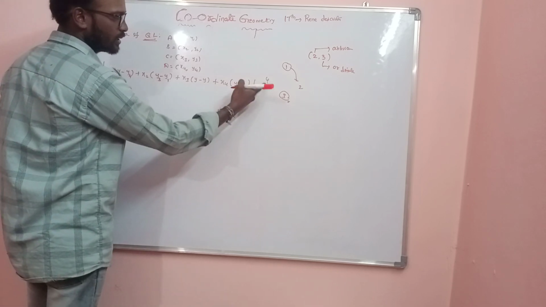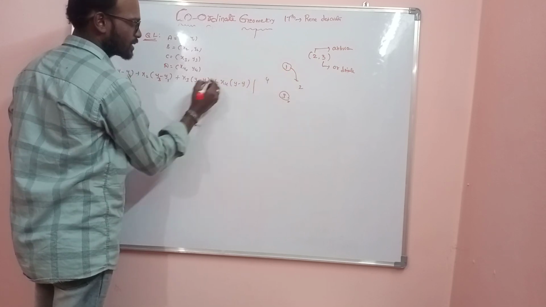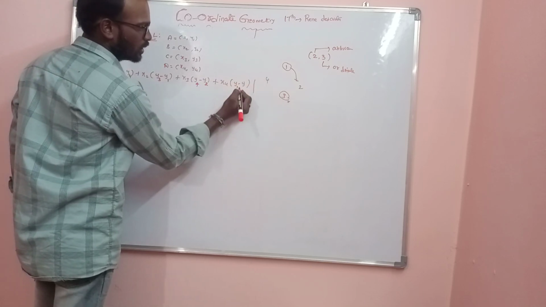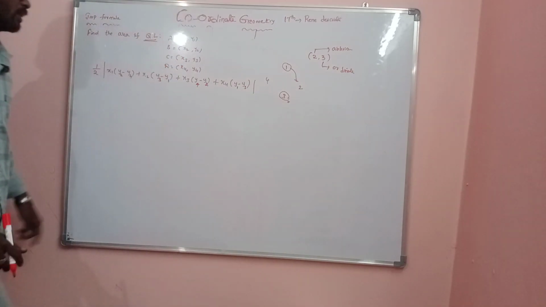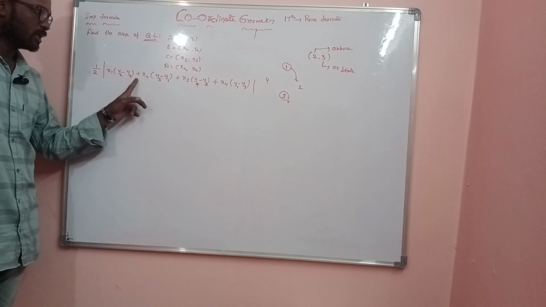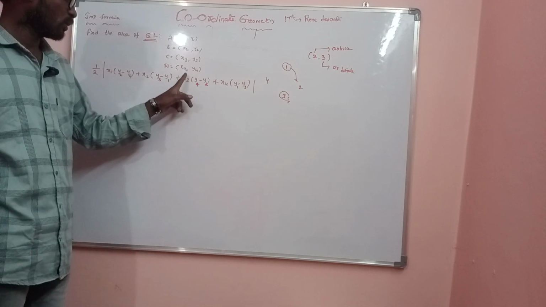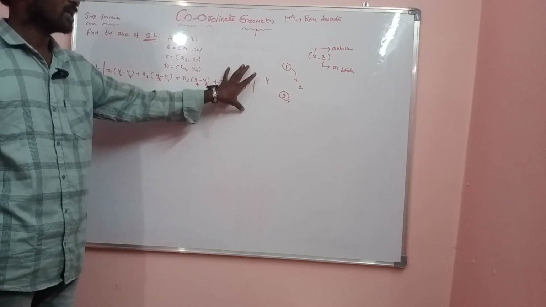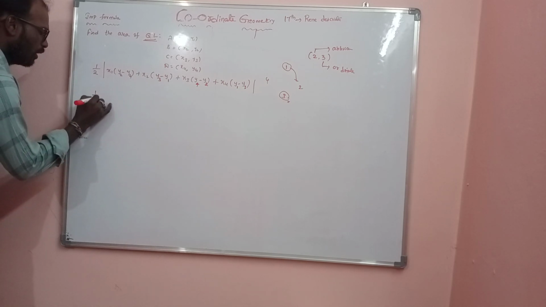Next x3, then 4; next 1, skip. Next write x4, then 1, and the y value is 2, skip 3. That means 1/2 |x1(y2 - y4) + x2(y3 - y1) + x3(y4 - y2) + x4(y1 - y3)|. Modulus closed.